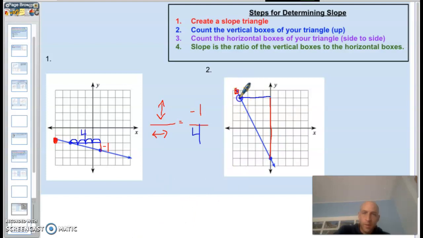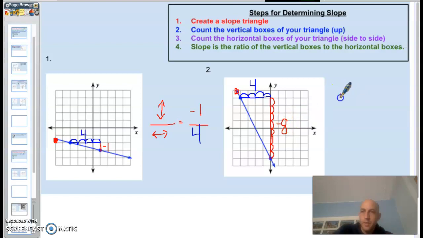We went over 1, 2, 3, 4. And the vertical, or up or down, we went down. So we're going to represent that with a negative number. How many did it go down? 1, 2, 3, 4, 5, 6, 7, 8. So negative 8.